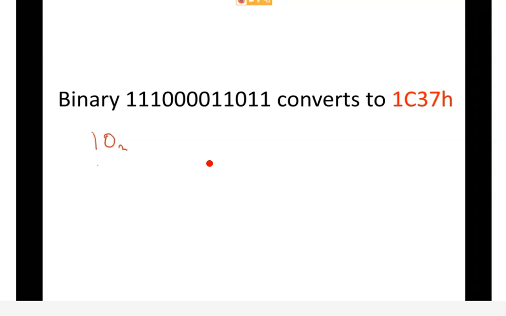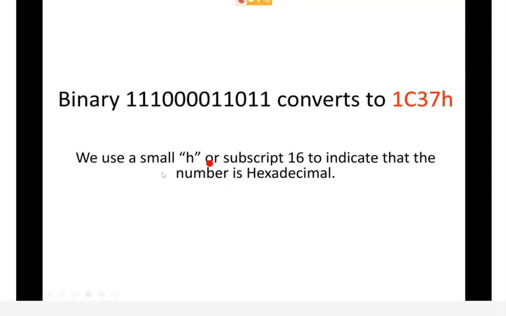And of course, we'd usually just use 10 for a decimal number, but this could be a hex, or also this could be a hex. So just be aware of that. I'll just explain that: H, or 16.